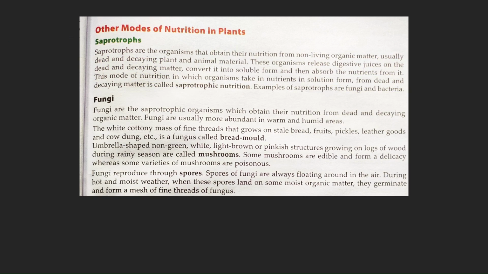Fungi are saprotrophic organisms which obtain nutrition from dead and decaying organic matter. Fungi are usually more abundant in warm and humid areas. The white cottony mass of fine thread that grows on stale bread, fruits, pickles, leather goods and cow dung, etc., is a fungus called bread mold.